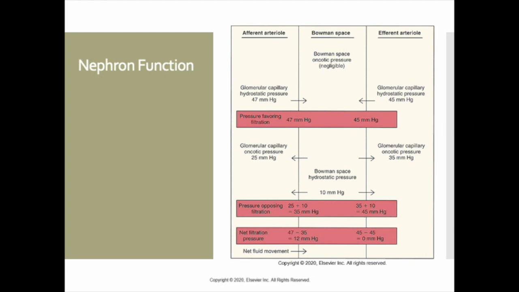Okay, but more specifically, this filtration rate is measuring the total volume of all the fluid that's filtered by the glomeruli, which averages for most adults about 180 liters a day. That equates to almost 120 milliliters every minute. So you have to constantly think about this in terms of the size of the kidney itself.